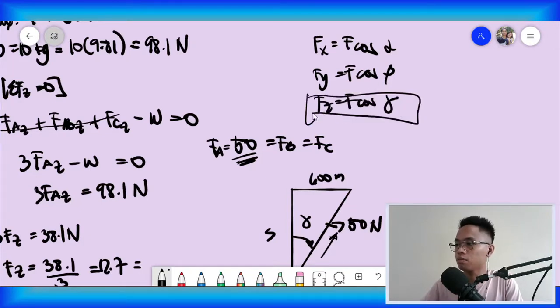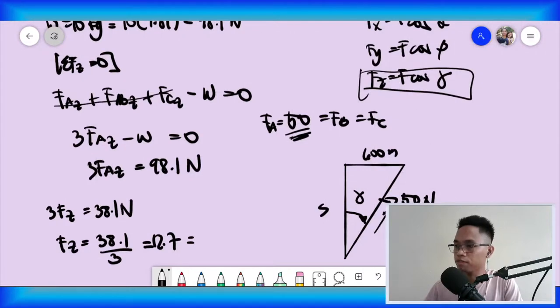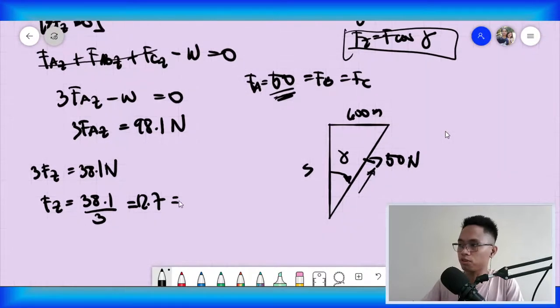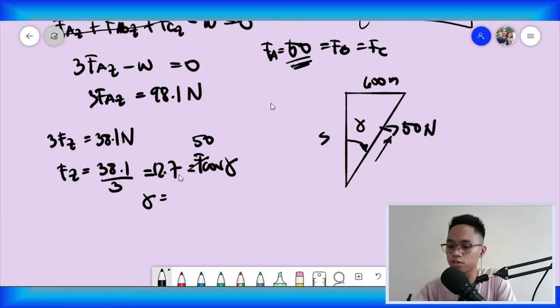So we can use this expression, Fz equals F cosine gamma, knowing that F is 50, our maximum load. So what is our gamma?